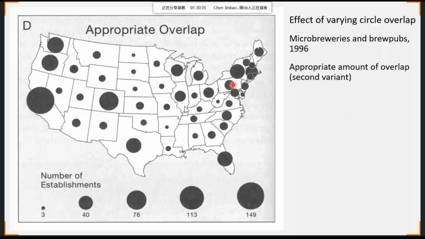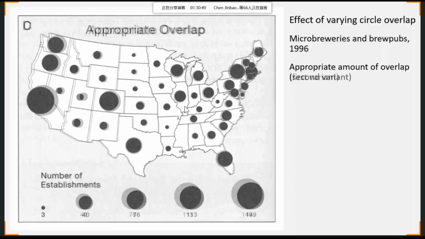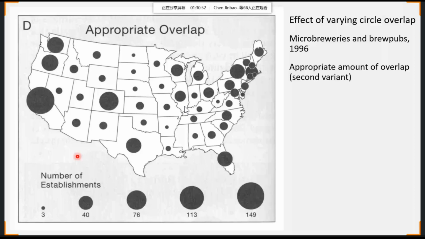If it's important for you to reduce the visual clutter here compared to here, the differences between the circles are more pronounced than here. So in the first one, it might be easier to estimate the differences between the circles. Here you have a better solution with the visual clutter. So the visual clutter is reduced in the second variant.